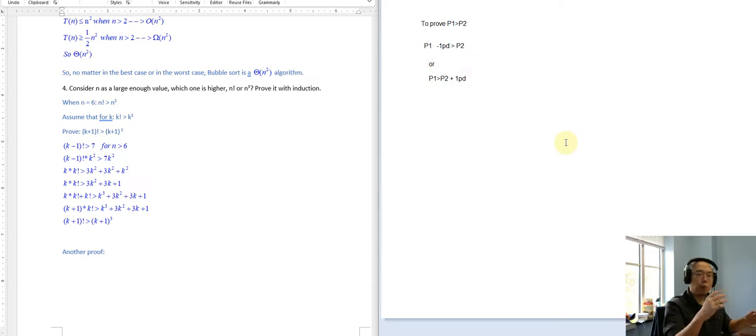We give a rock which is 1 pound and ask person 2 to hold that. Person 2 plus the rock is still lighter than person 1, and this means person 1 is heavier.